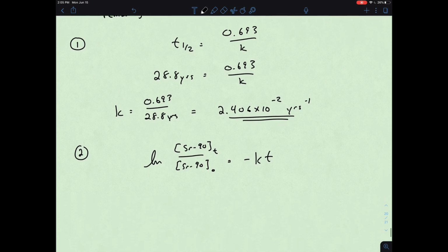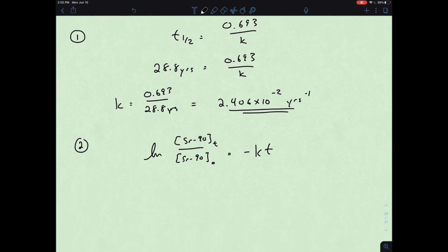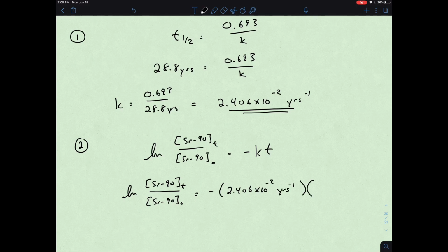What is the percentage of that strontium-90 that's left over? So we now can plug everything in that we have. We got our k in step 1, so that's the 2.406 times 10 to the negative second years to the minus 1. We figured out our time was 75 years from the difference of 2020 and 1945.